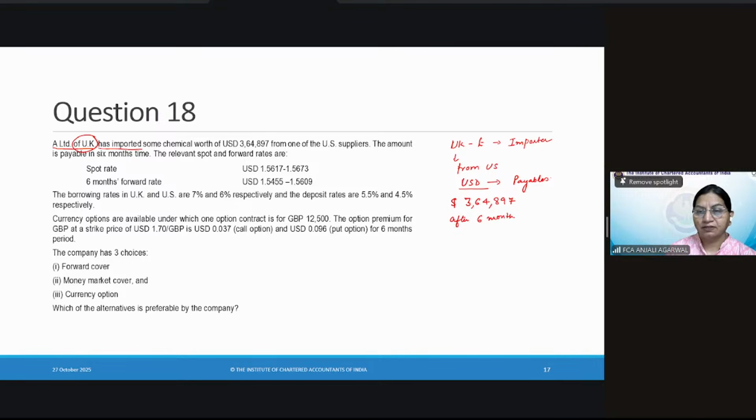So far it is clear that what I am interested in finding is the pound by USD ask after 6 months.